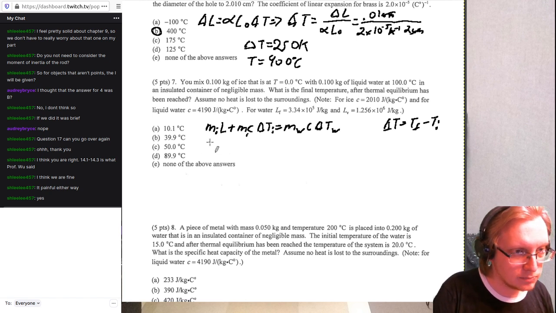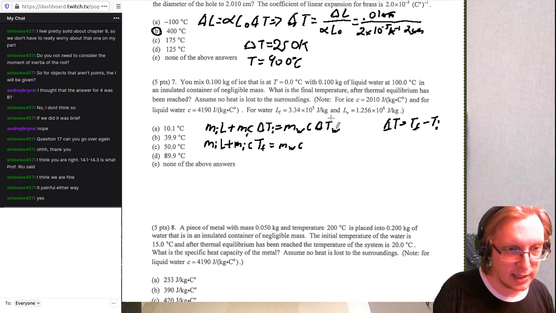Fortunately for us, my T initial here is 0, so we end up with TF. So we end up with M_i L plus M_i C TF, and that is equal to M_w C, and then the TF comes up.